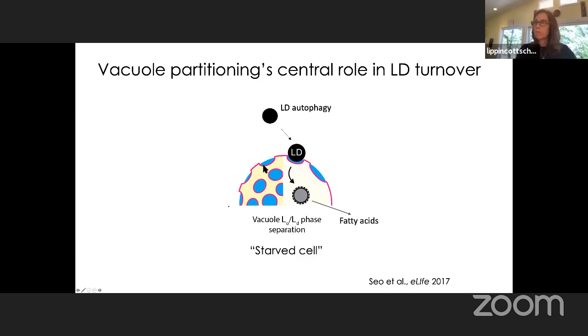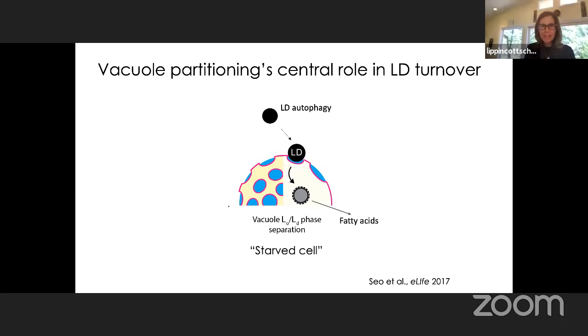Not only are they triggering the sorting of the vacuole ATPase to a domain where we think it's more active, creating a more acidic luminal environment of the vacuole, but these domains are sites of docking of lipid droplets, which then get internalized through a type of microautophagy. And the low pH enables those lipid droplets to be digested into fatty acids. And these fatty acids are going to serve as the fuel for long-term survival under starvation conditions.